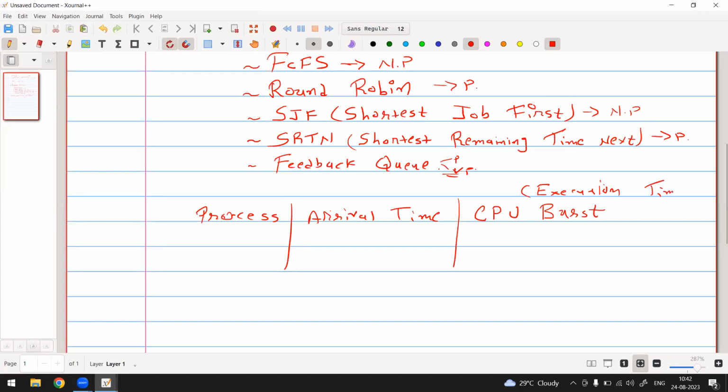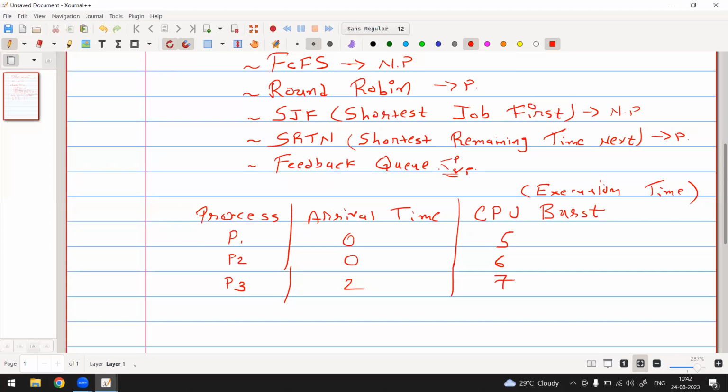So a list of processes will be given, like let's say P1, P2, P3, with arrival time and CPU burst.